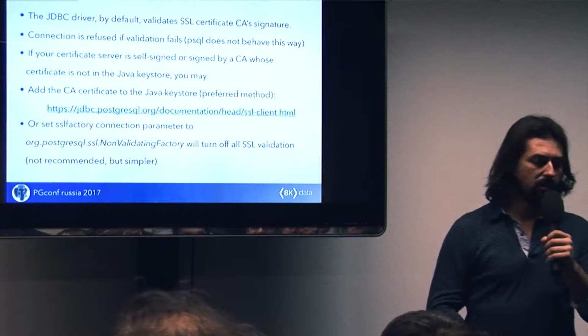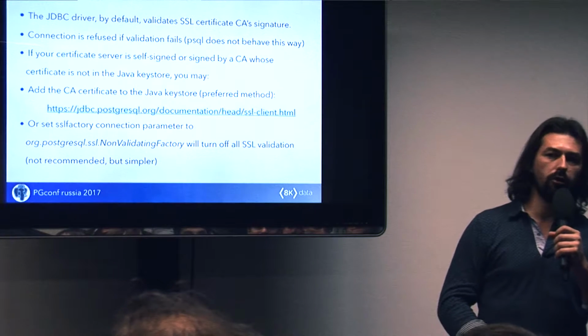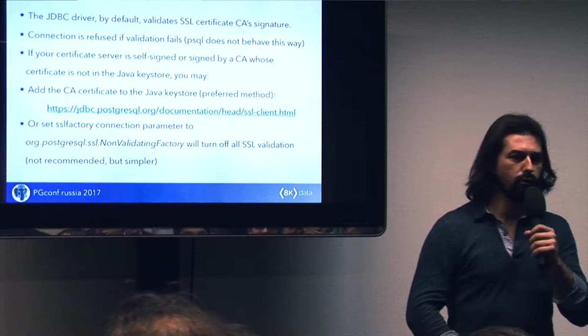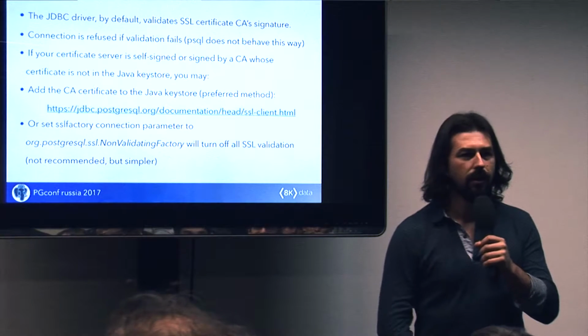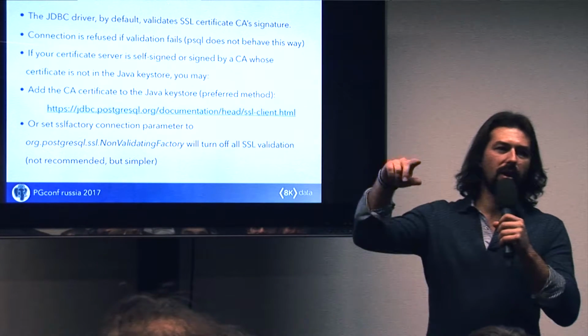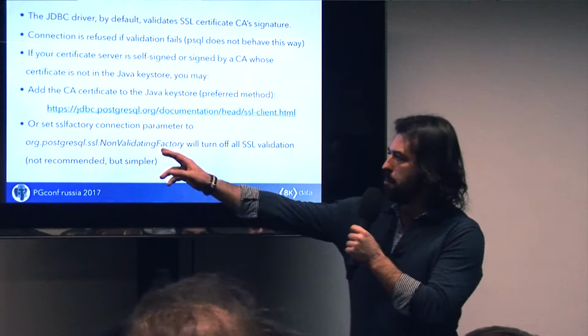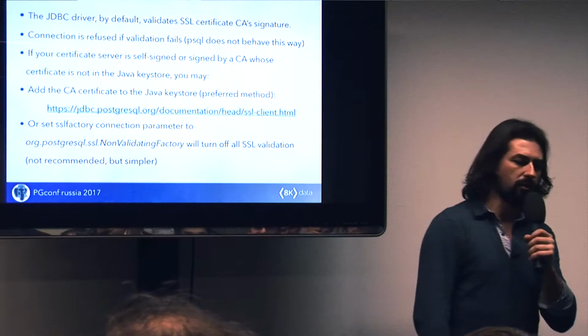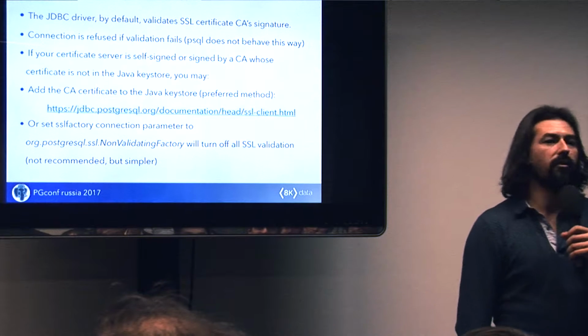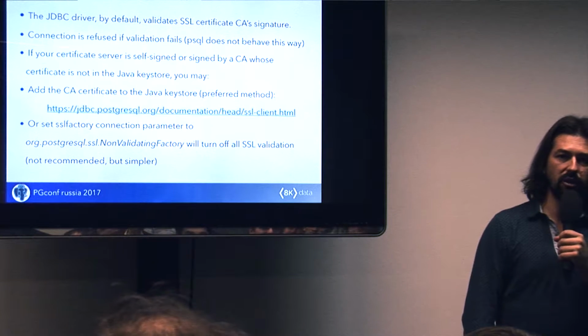store. And the third method, which is something you should not use, is highly not recommended, but everybody uses, is to pass a non-validating factory parameter to the URL, which says basically use the non-validating factory, and that will not validate the certificate chain.